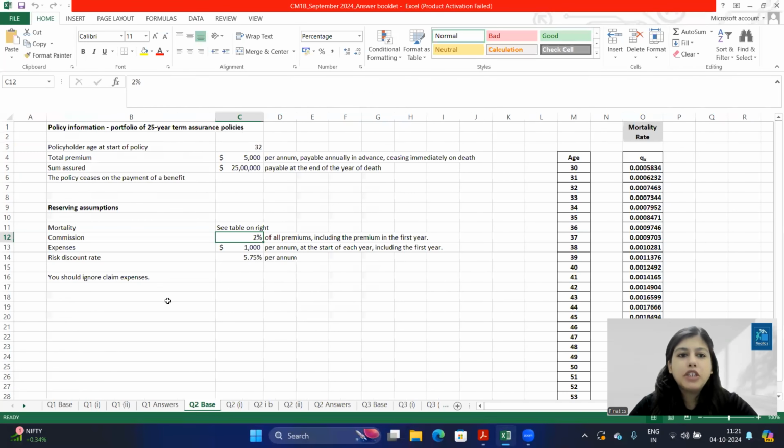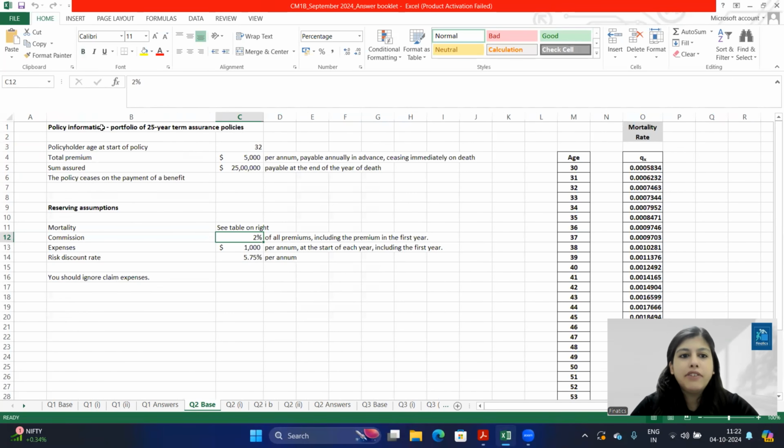In the Q2 base sheet, the policyholder at the start is 32, the total premium is 5,000, and the sum assured is 250,000. We have been given the mortality rates qx and commission of 2% of all premiums, including the premium in the first year. Expenses are 1,000 per annum and the risk discount rate is 5.75%.